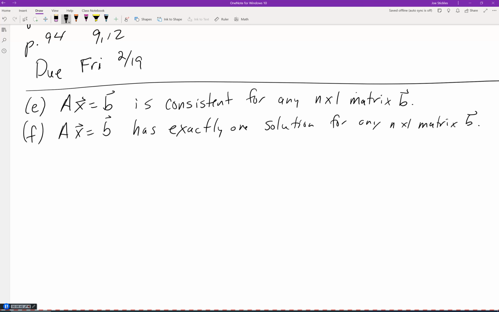Because if you know it's invertible, you can multiply both sides by A inverse, and the only thing that X can be is A inverse times B, right?